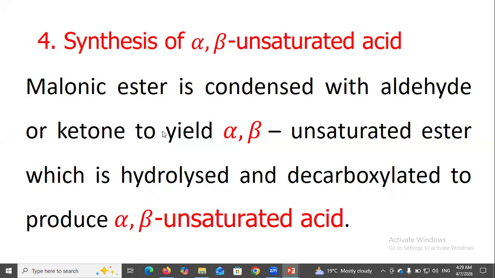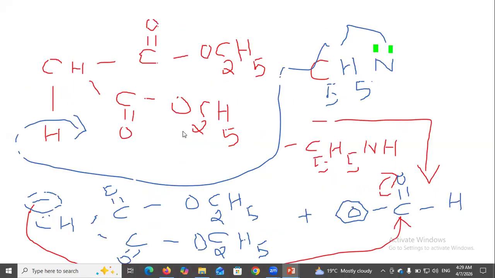Malonic ester, and this carbanion attacks on this aldehyde.